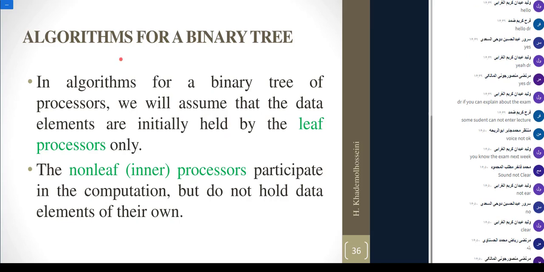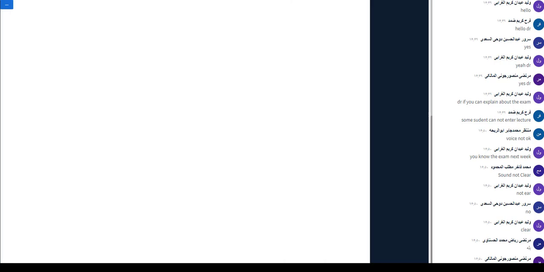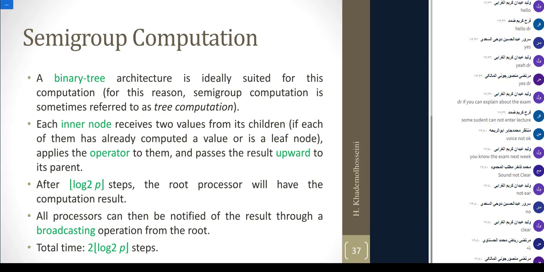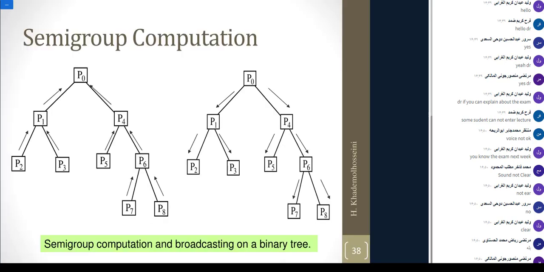Okay. Now, in the previous session, we talked about the algorithms for a binary tree. And we said that the first computation was semigroup. In semigroup, we had two phases.